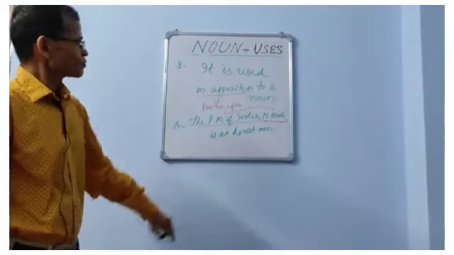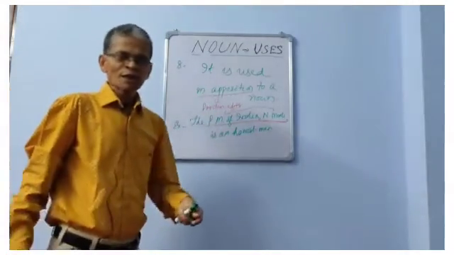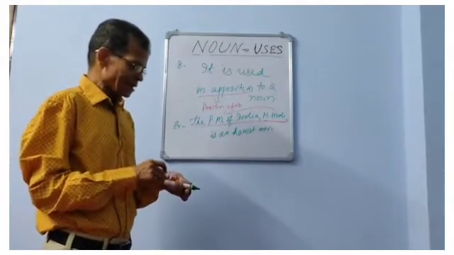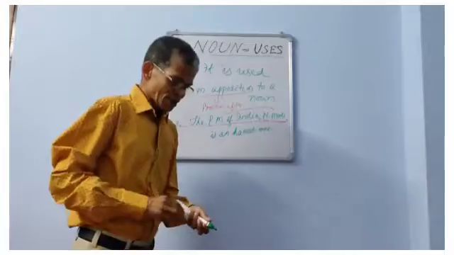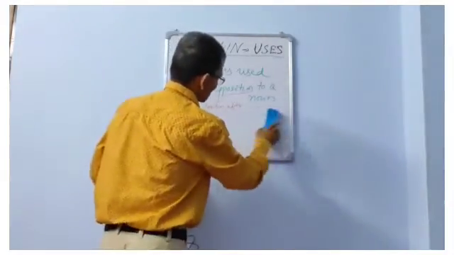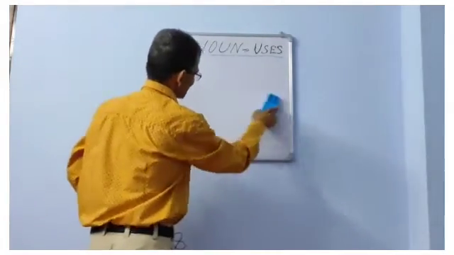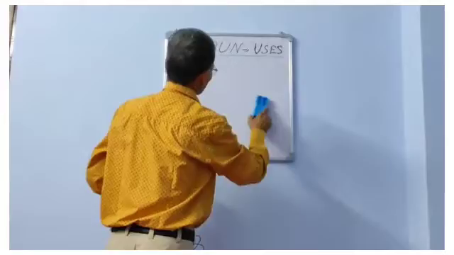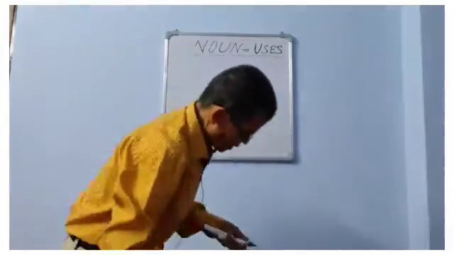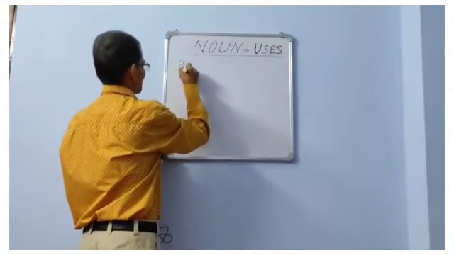In this way, we use the noun in apposition to another noun, its antecedent, and this is the ninth use of a noun. Because this video is getting lengthier and lengthier, I am cutting it short and coming to the close of this chapter, use number 9.